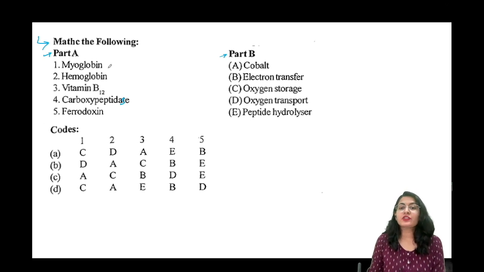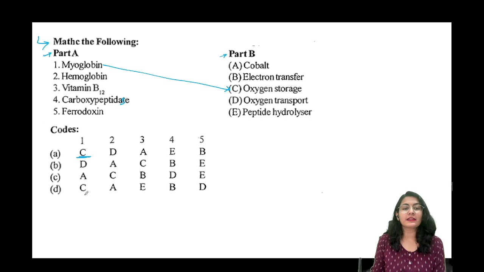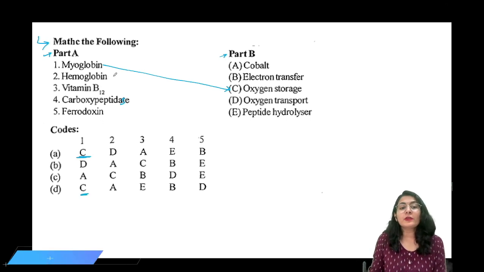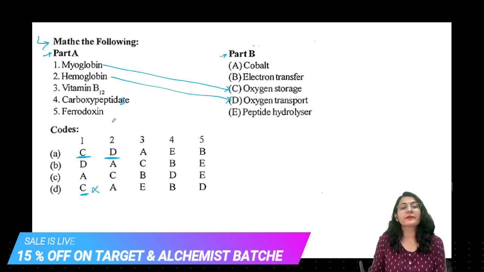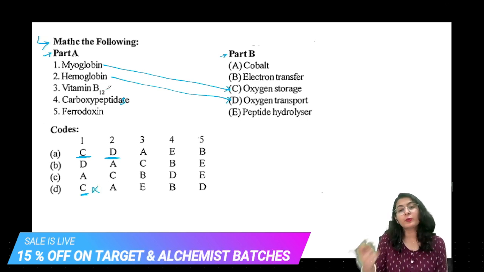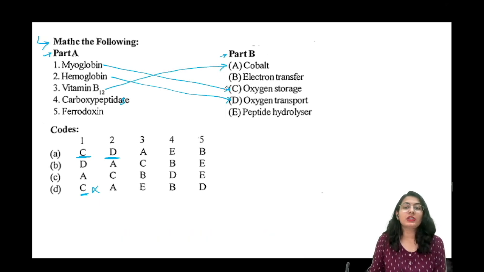Myoglobin is actually an oxygen storage metalloprotein. It matches with C. Hemoglobin is the oxygen transport protein. Two matches with D, so this is wrong. Vitamin B12 does group transfer reactions, and it has cobalt definitely. So 3 matches with A. Carboxypeptidase is a peptide hydrolyzer, absolutely. So 4 matches with E. Ferredoxin is going to be an electron transferring agent. So this is the correct answer, option A.